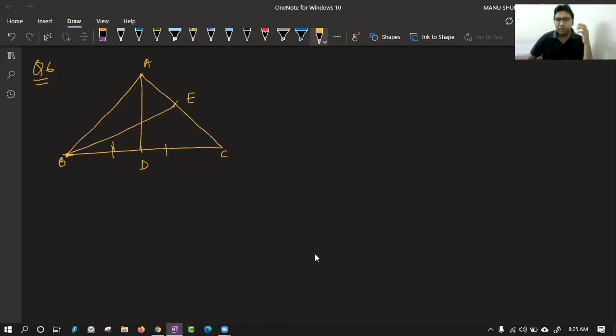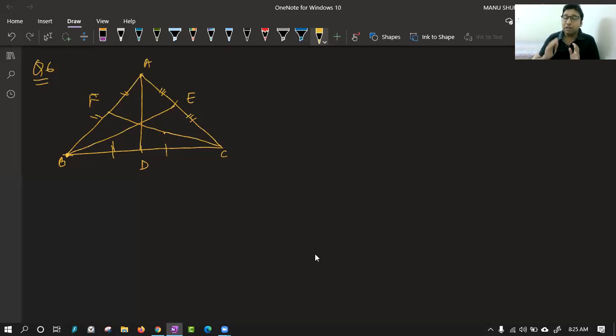Finally, if I join this like this F, this CF is also a median. Class, are you now able to understand what a median is? Those who were saying it makes an angle of 90 degrees, again I am repeating, a median is a line joining a vertex to the midpoint of the opposite side.